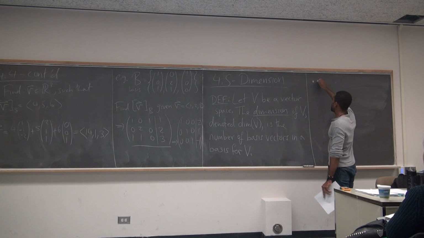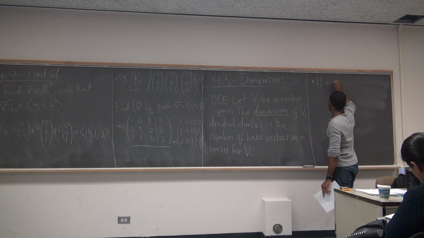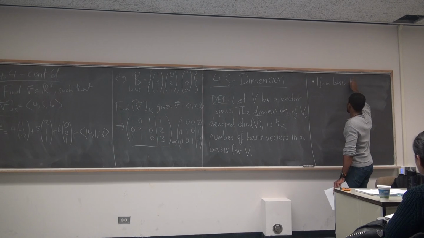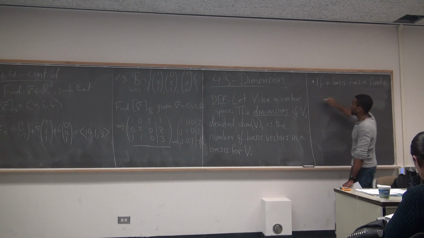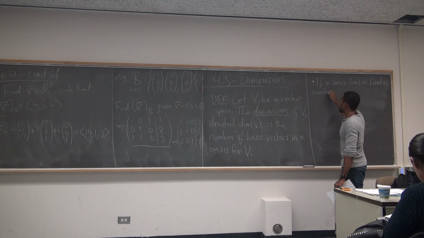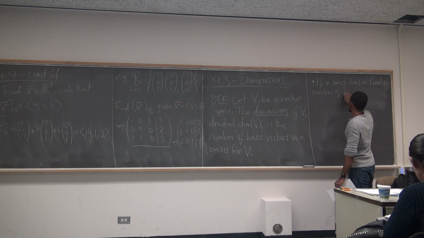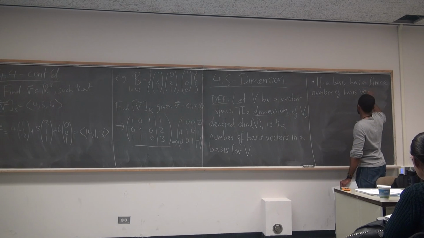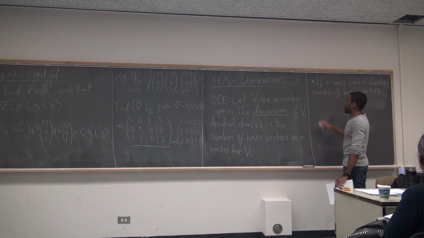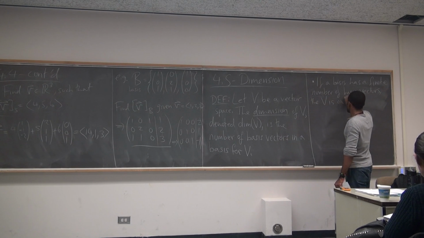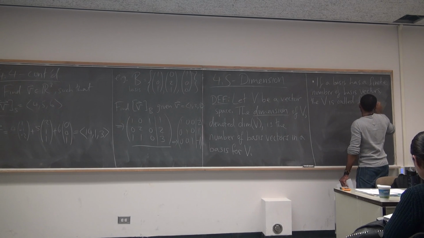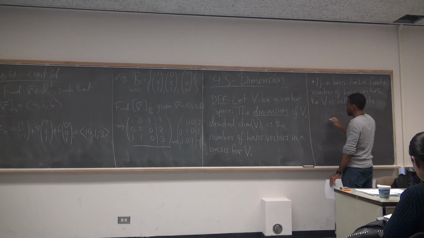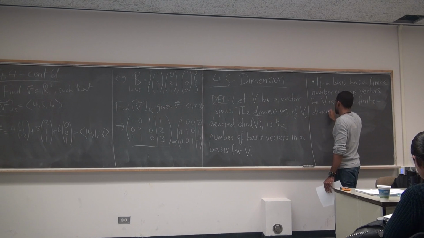Remarks. If a basis has a finite number of vectors, then V is called finite dimensional. It's called a finite dimensional vector space.